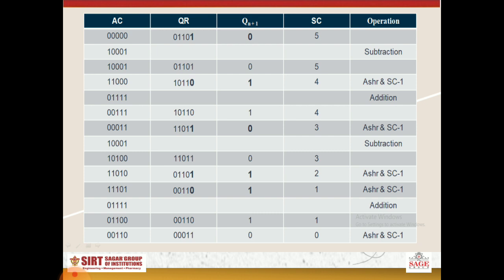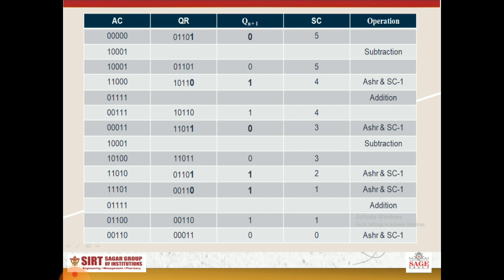Okay, now the next step: perform the arithmetic shift right operation and decrement the value of SC. So the SC value is 3, and after shifting to the right, the values are 0, 1, 1, 0, 1, 1, 1, 1, 0, 0, 0, 0.